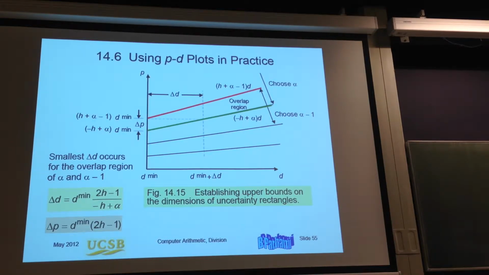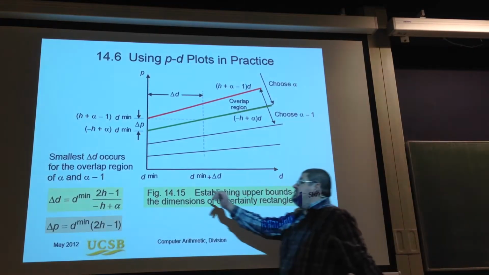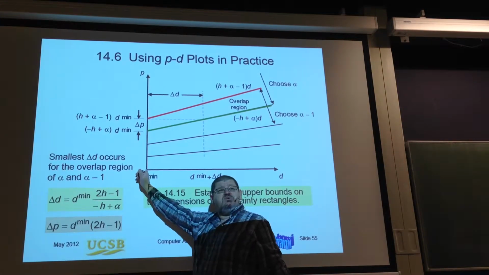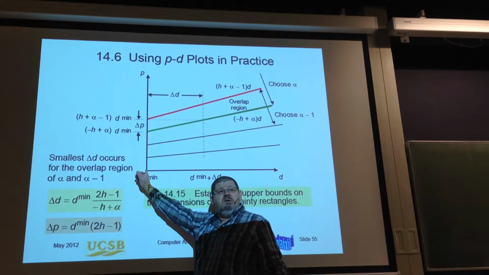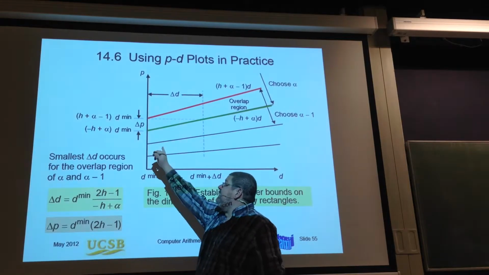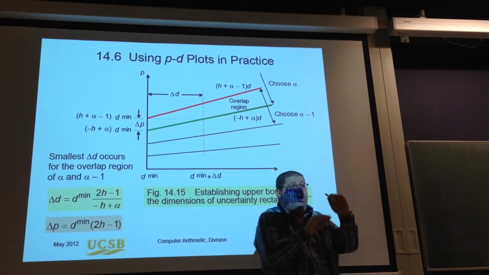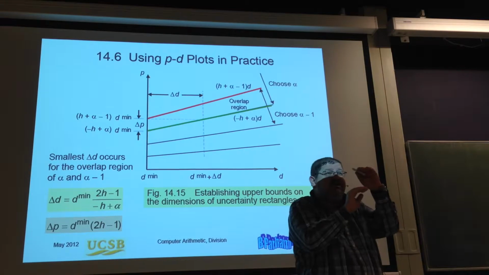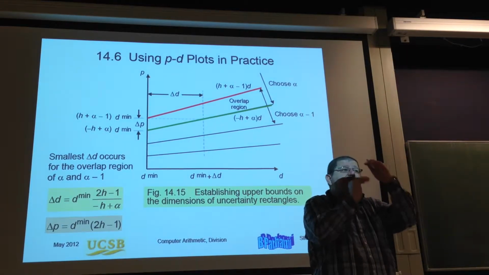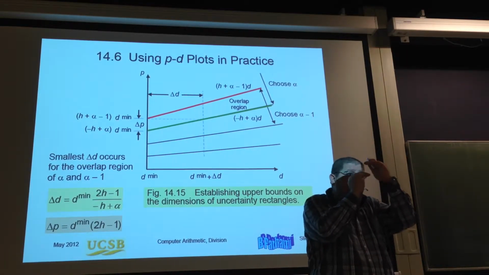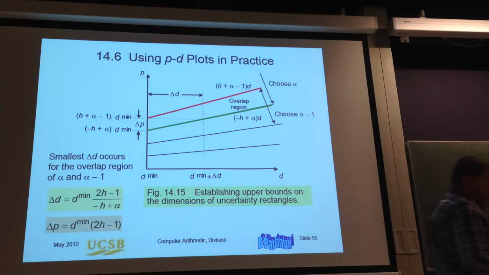Then, let's say the minimum requirement resolution on P is the distance between those 2 lines. And because the lines are going in this way, the smallest distance is here, close to the minimum. And that one, delta P, will determine the minimum number of bits that I should inspect from P, which is the minimum amount that I should be able to detect.